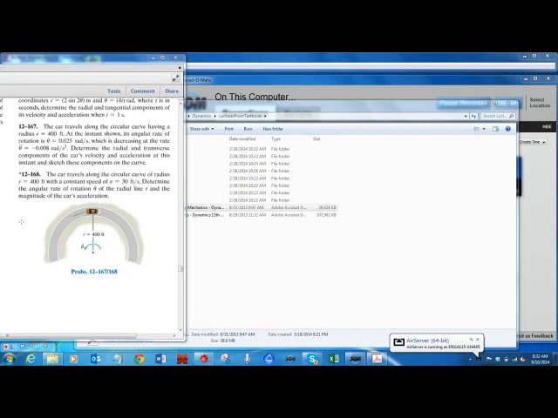Okay, you're driving, I'm doing 9 miles an hour, and I turn left, like this. Which way?